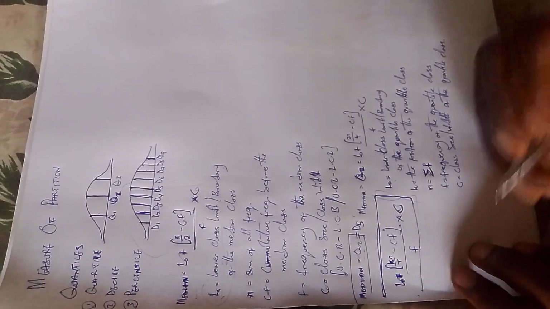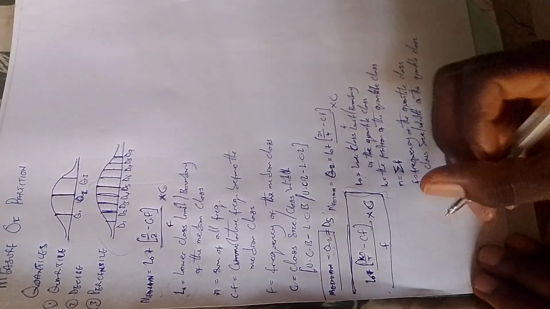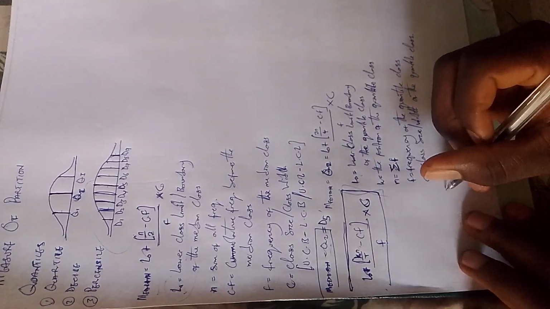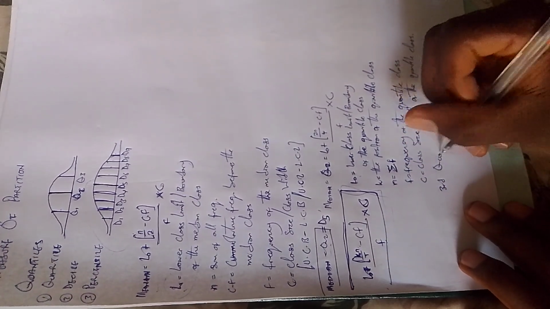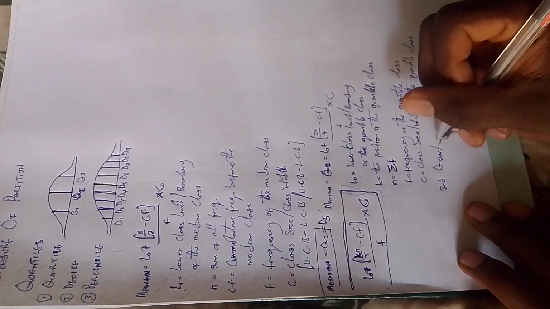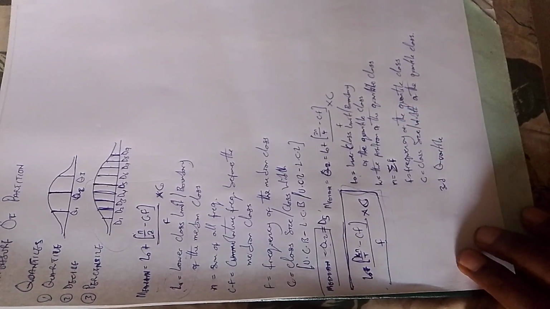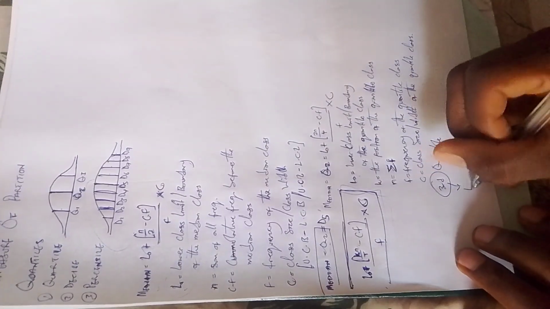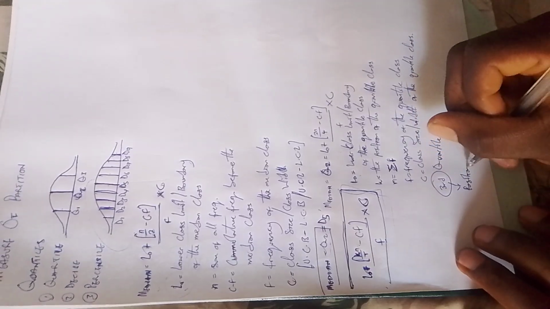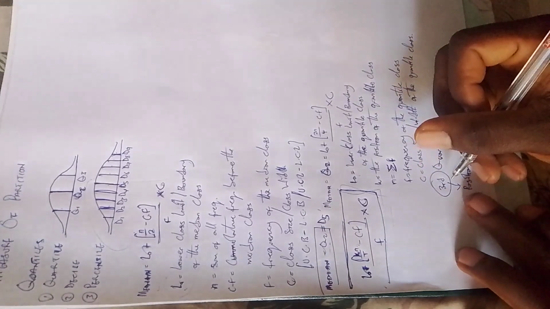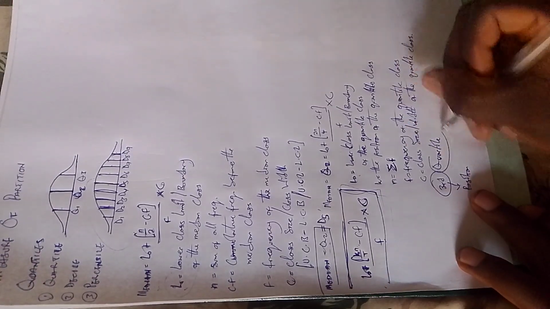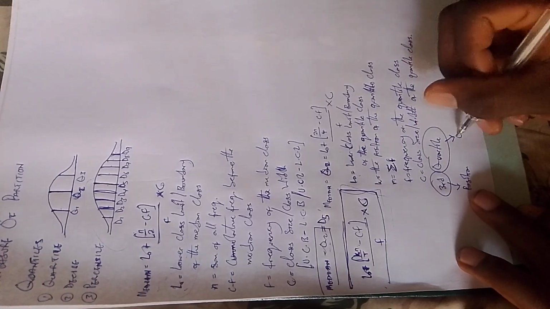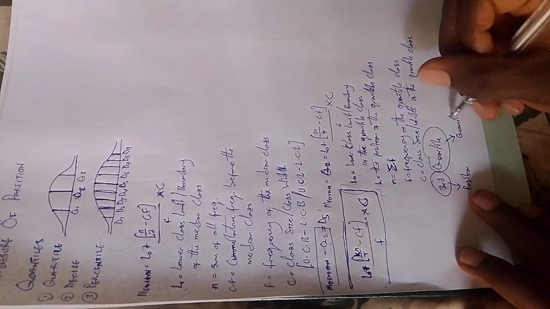Let me explain like this. If they say calculate the third quartile, this third is representing what? The position. So your K is 3 in this case, and this quartile is representing the type of quantile you are talking about.